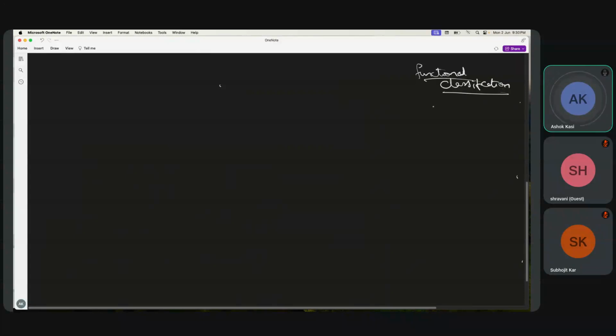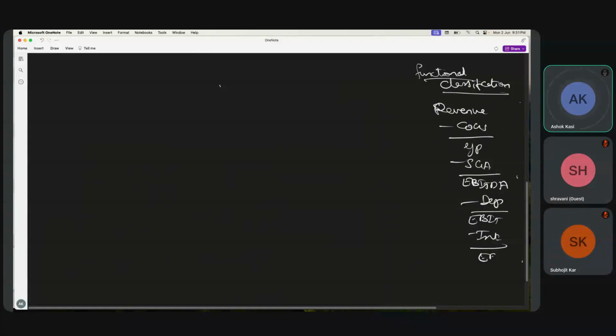The format is like this: revenue or sales minus cost of goods sold gives gross profit, minus sales, general and administration gives EBITDA, minus depreciation gives EBIT, minus interest gives earning before tax, minus tax gives earning after tax.